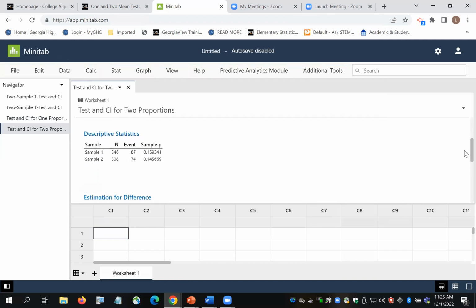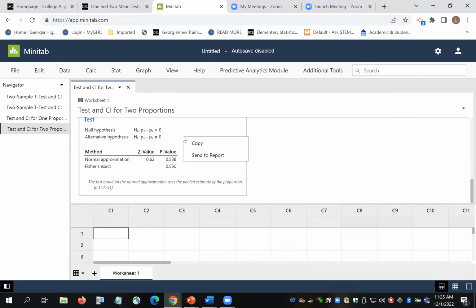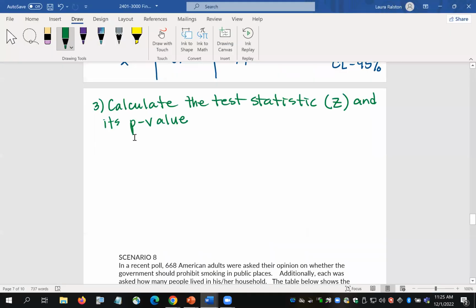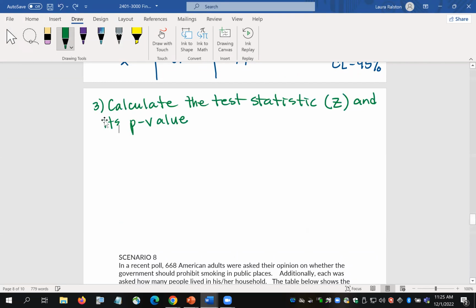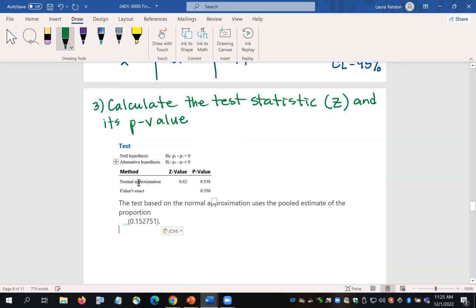Okay, so again, we get the results and we want to look at the test results. One thing to think about with our test results, remember, you want to read the values related to the normal approximation.